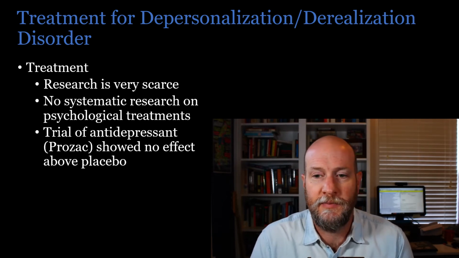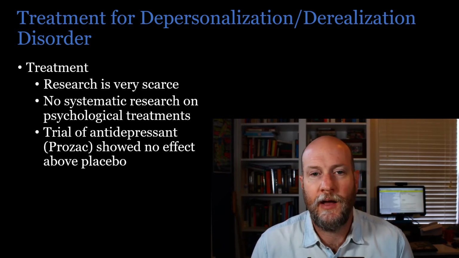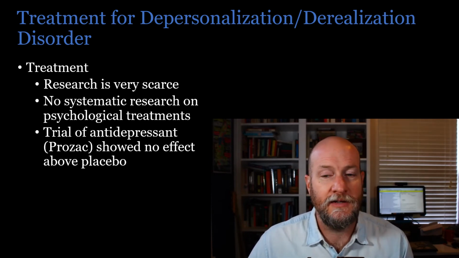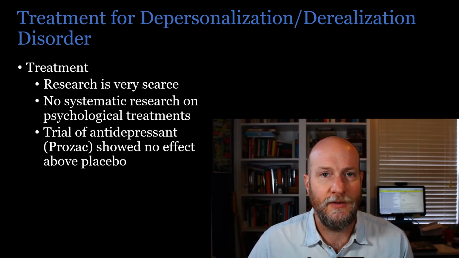So there doesn't seem to be a real significant impact from antidepressant medication to help with this type of disorder. A lot of times, as was the case with some of the things we were talking about in the previous section, treating the underlying condition like PTSD, anxiety, depression is the way of trying to reduce this symptom and to get the person less distressed and improve functioning.